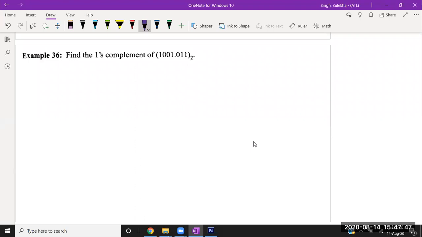Treat this number without the decimal value and find the one's complement, then place the decimal at the corresponding location. Okay, Satyam Kumar, correct answer. Solve it and write your answer in the chat box.